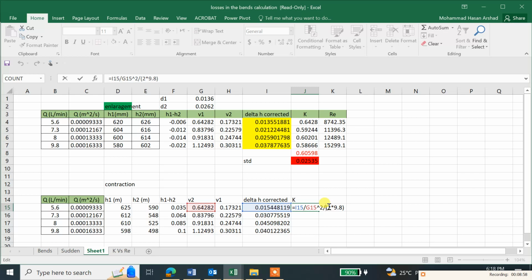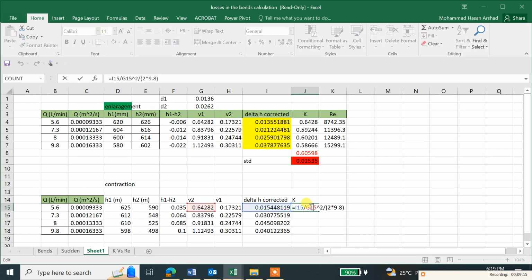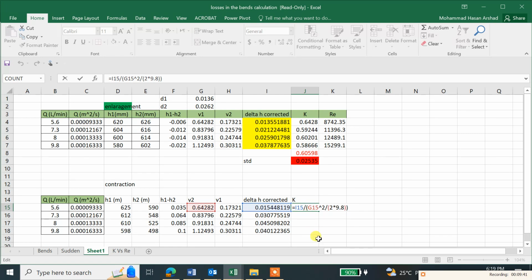So K is delta H divided by V square over 2g.